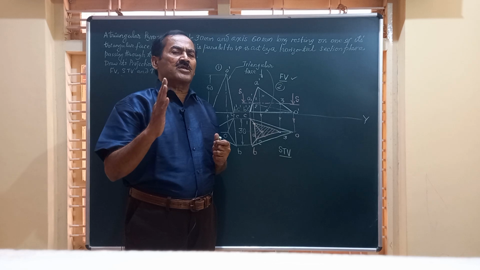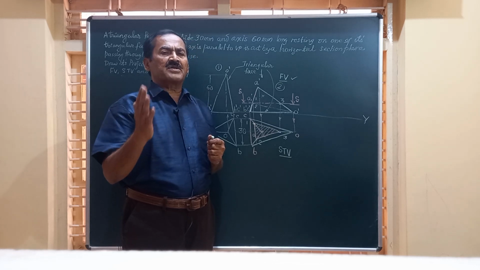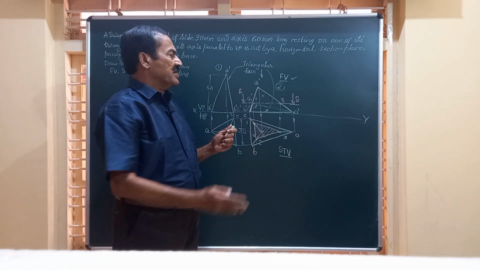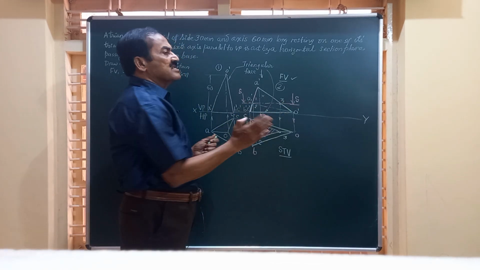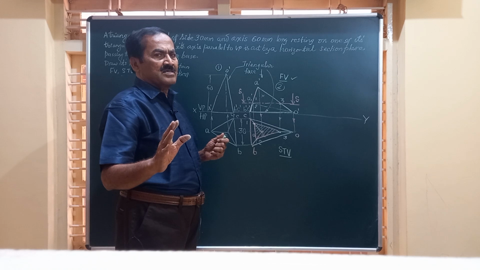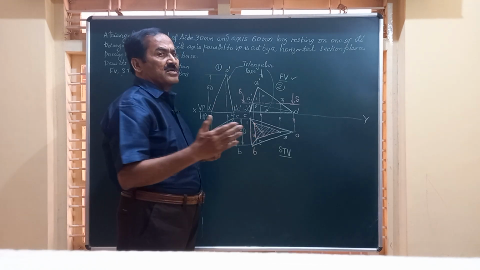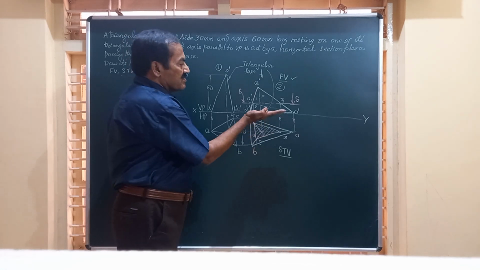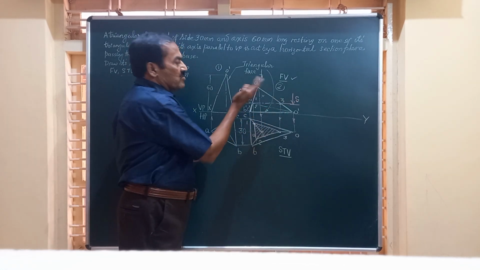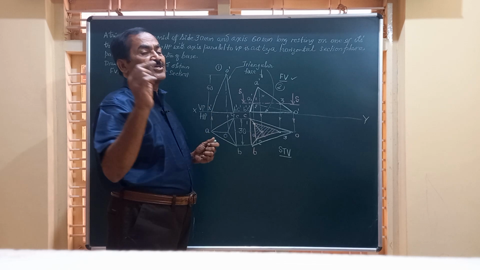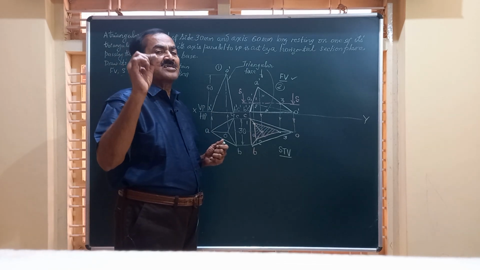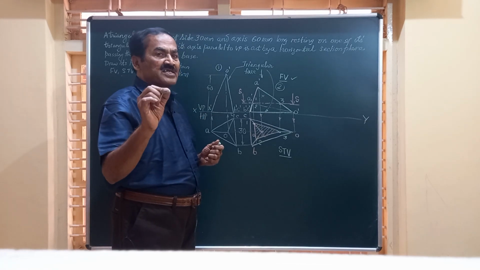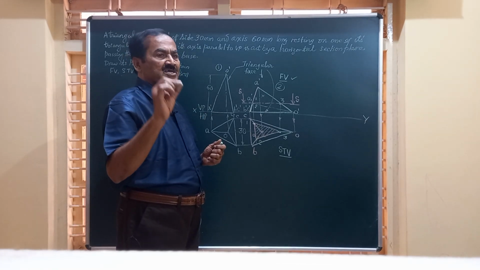Friends, whenever any solid, whether it is a prism or a pyramid, a cone or a cylinder or a cube, is cut by a horizontal section plane, remember, whenever a solid is cut by a horizontal section plane which is parallel to XY and perpendicular to VP, the shaded area or the sectioned area in the top view represents the true shape of the section.